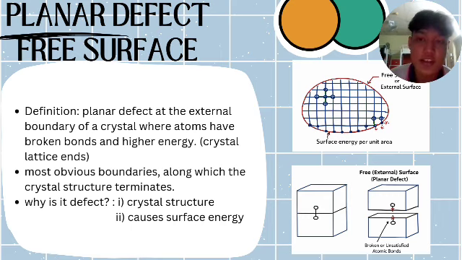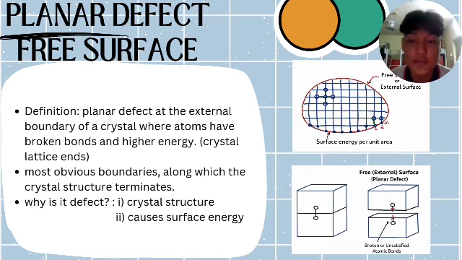Because of this, some atomic bonds become broken or unsatisfied, as shown by the marks near the surface in the diagram. These broken bonds cause the surface to have higher energy, which is called surface energy per unit area.